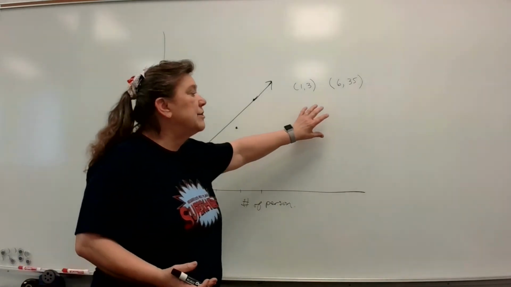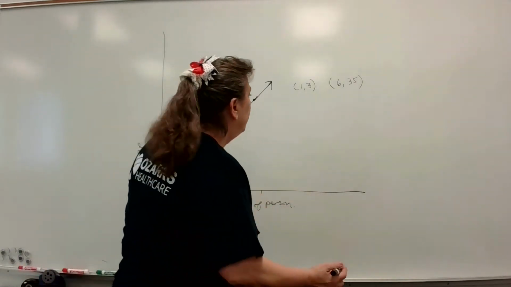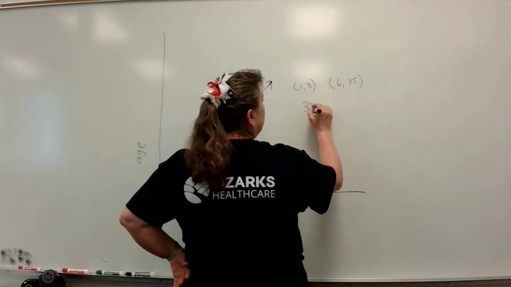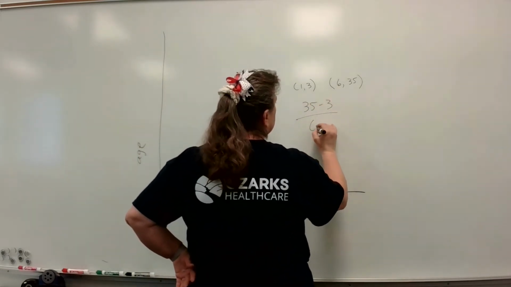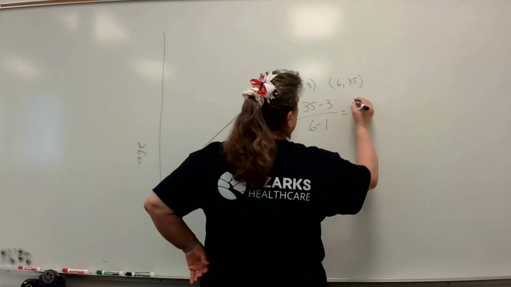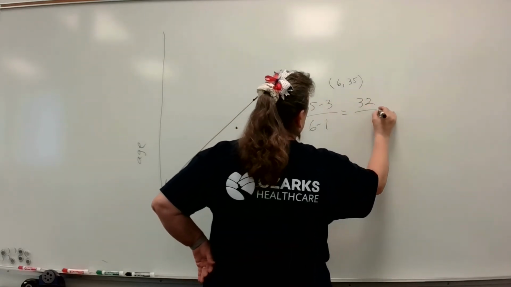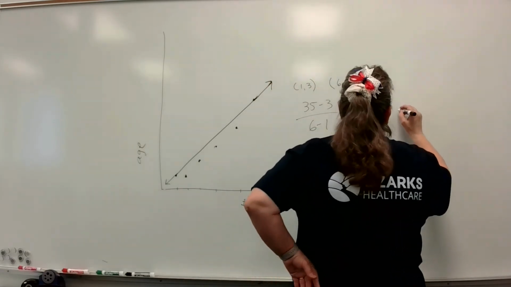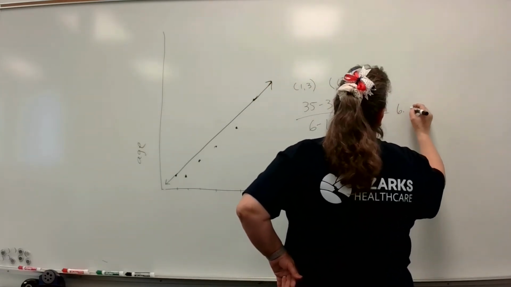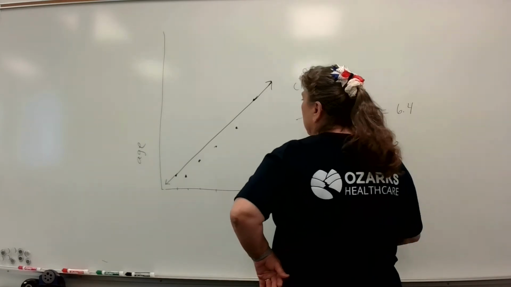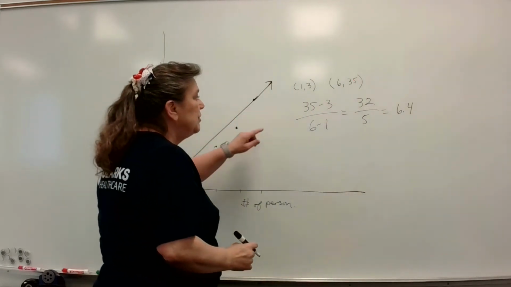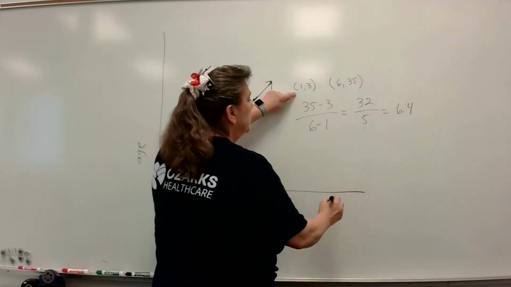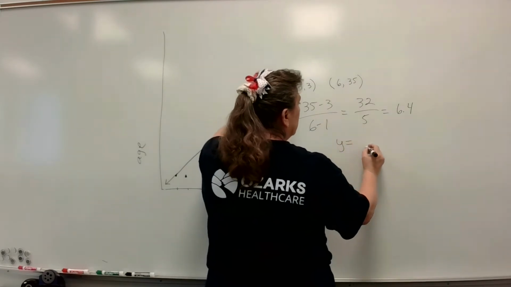So you figure the slope of the line, and from that slope, you've got 35 minus 3 over 6 minus 1. This would be 32 over 5, which will give me 6.4, okay?